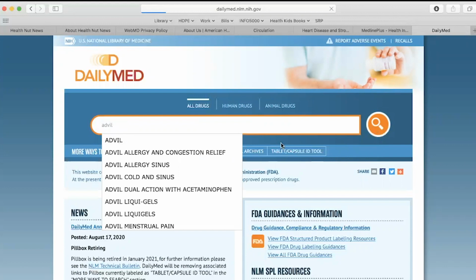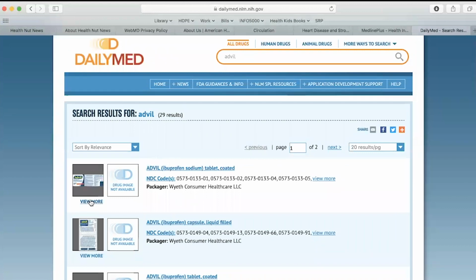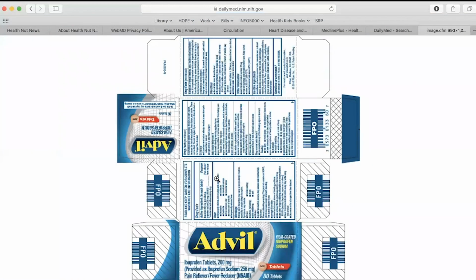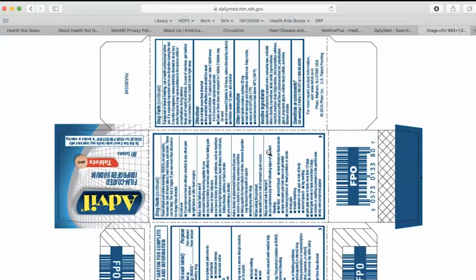We'll do a search. And you can look at the actual box to know, okay, what is it saying? How should I take this medication? What are the active ingredients? So they have that for a number of different prescriptions.